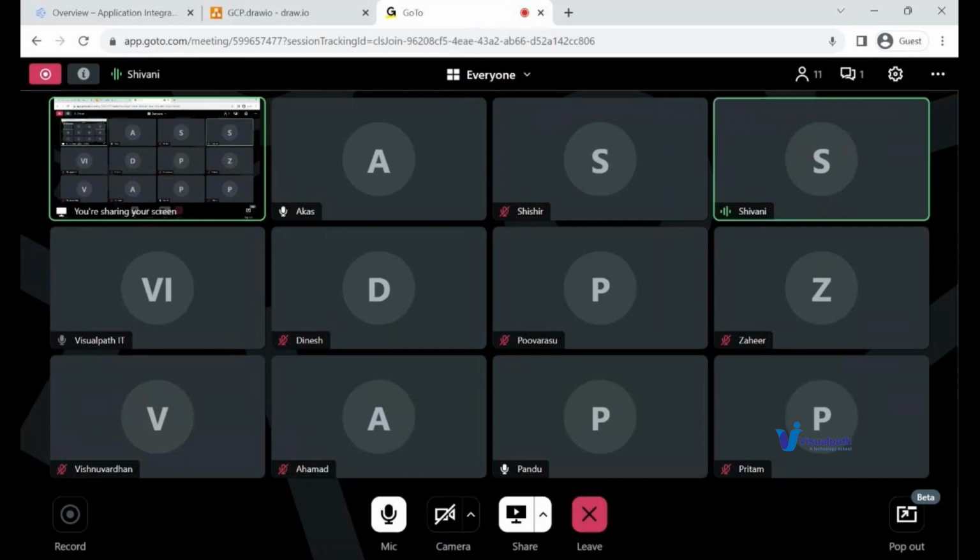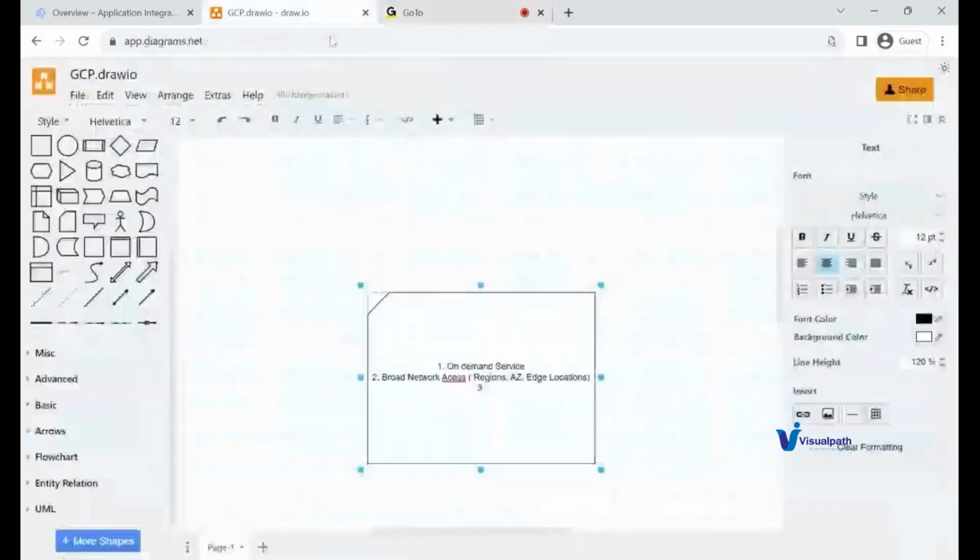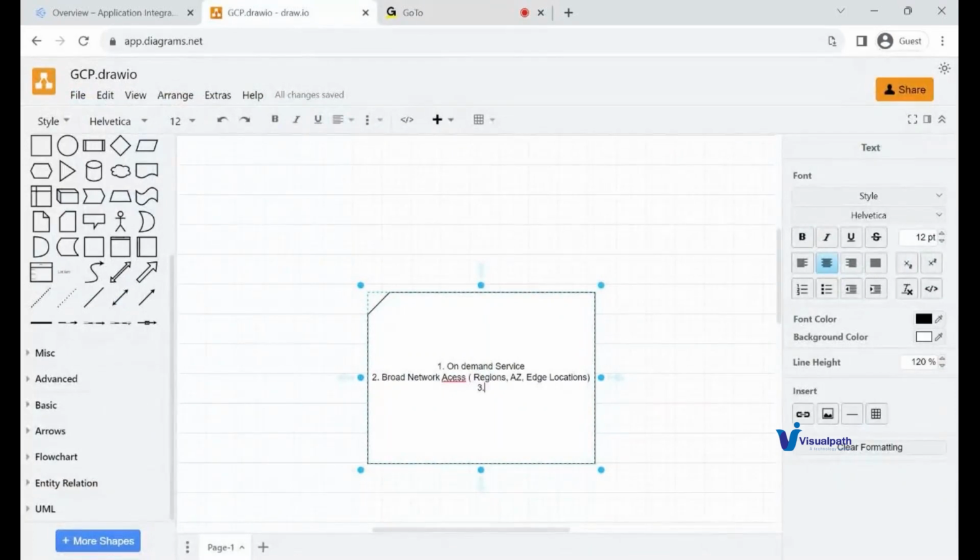It's better now, but the terminologies you are speaking, I'm unable to catch up. Okay, I'll speak a bit louder and slower, right? When you were speaking about the regions and zones, how will this work?